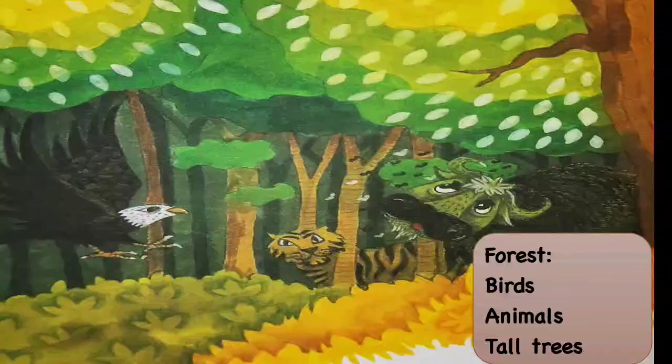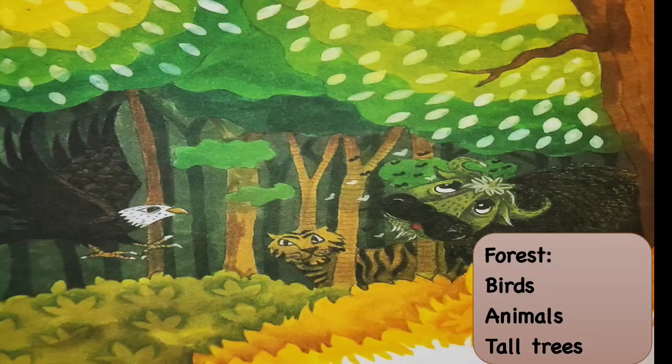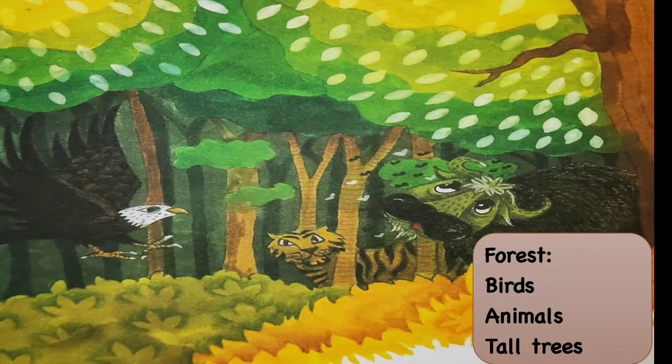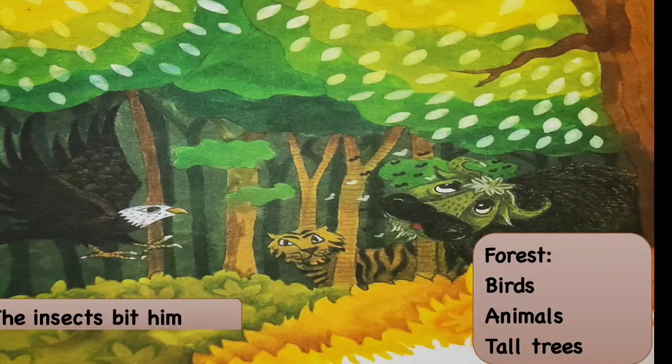He still did not like the forest. Now they visited 4 places, but he still did not like it. Even in the fourth place, the forest, he did not like it. Why? Because the insects bit him.